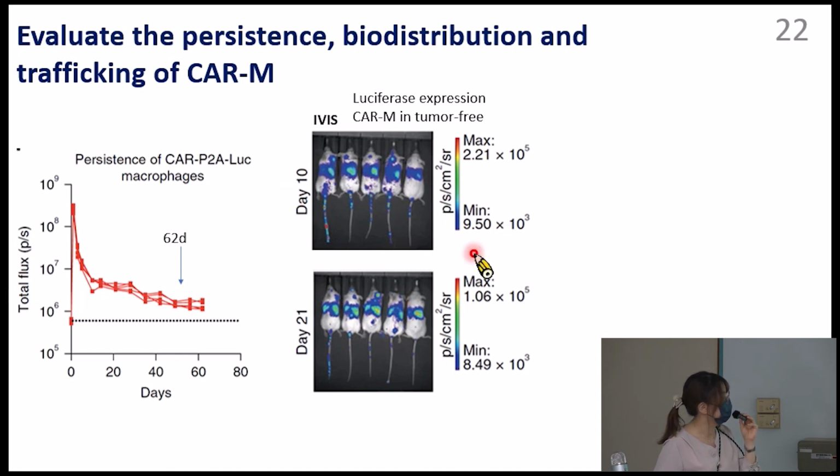This picture is for 10 days. And this picture is for 21. And here is the liver. This position is liver. So they think the macrophage after injection goes to liver and then goes to other tissue.